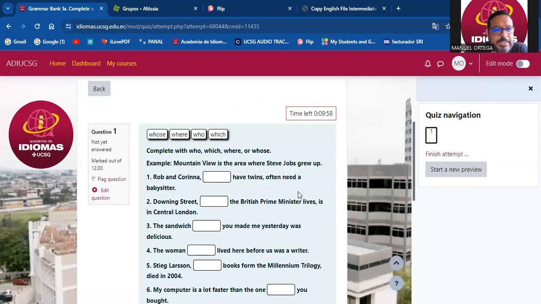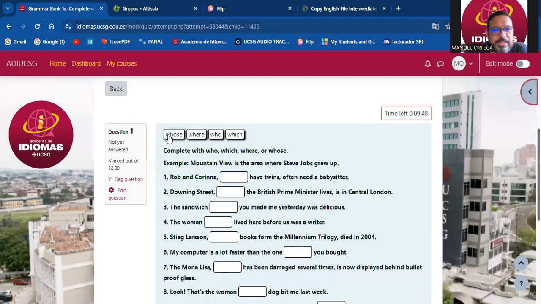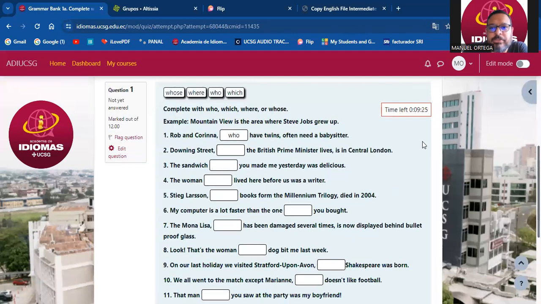So I start my attempt, and then we have something similar to the last one, right? You have 12 sentences, and you have the connectors whose, where, who, and which. So number 1, Rob and Corina have twins who often need a babysitter. We're talking about Rob and Corina, people. So we use the connector who. Thank you so much.